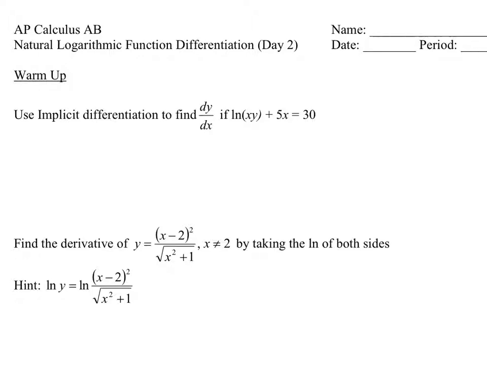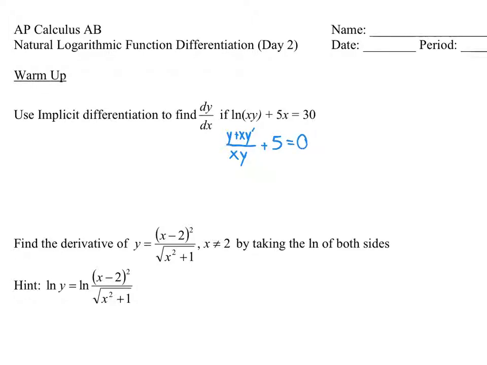Real quickly, since most of you didn't do it this way, if you had done this using the product rule, this is going to be over xy, because it's the derivative of the inside over the inside. So derivative of x is 1 times y plus the first times the derivative of the second, so that xy prime. Okay? And then that would be plus 5 equals 0.